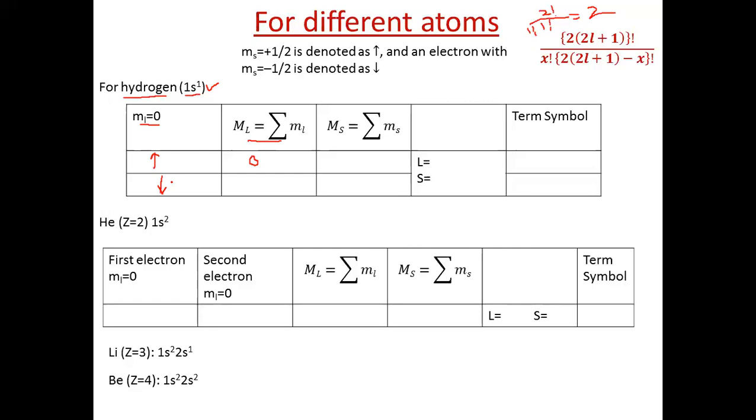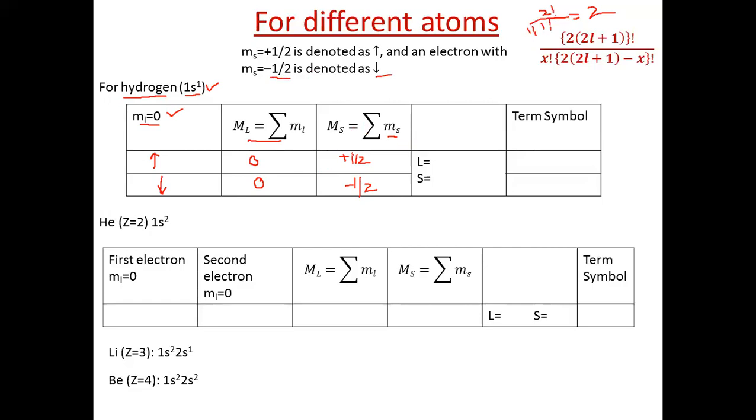For this microstate, again it is in the same orbital, so ML is 0. Now MS is the summation of small ms. Its small ms is half, so its value is plus half. For the other, MS is minus half, as the arrow represents small ms equal to minus half.